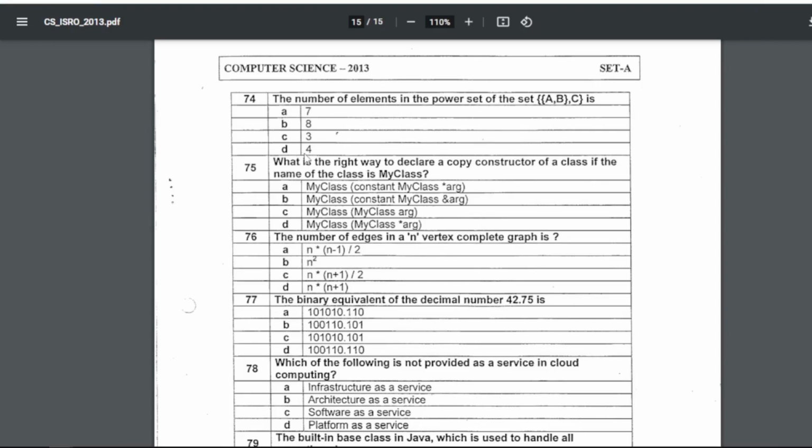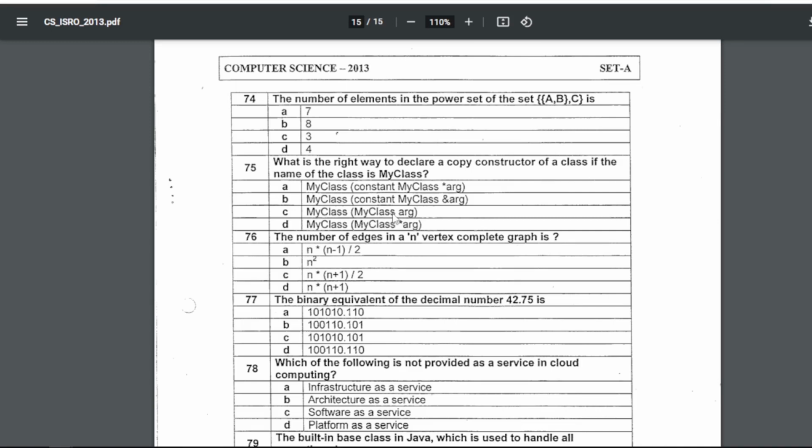Question number 75 is: what is the right way to declare a copy constructor of a class if the name of the class is MyClass? So for 75 our answer will be B, that is MyClass with a const MyClass argument, right? In this question the language is not specified, so there can be multiple correct options.